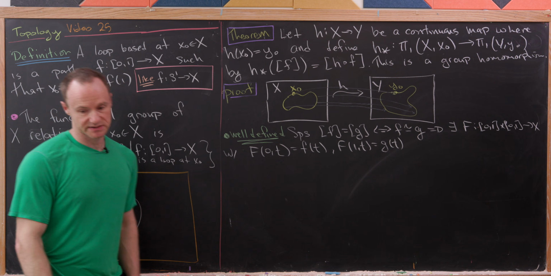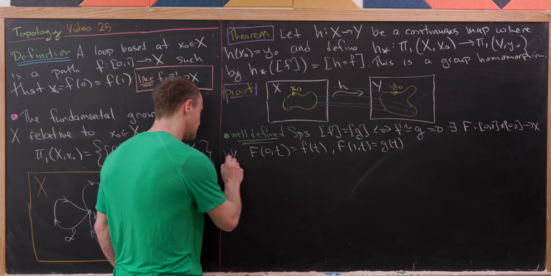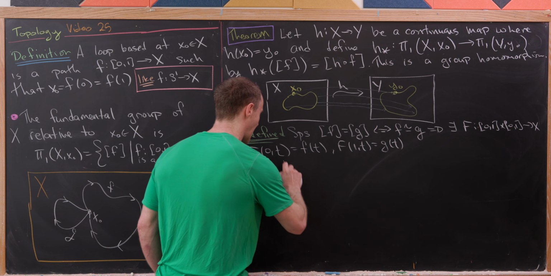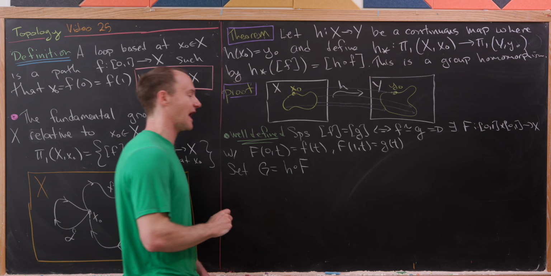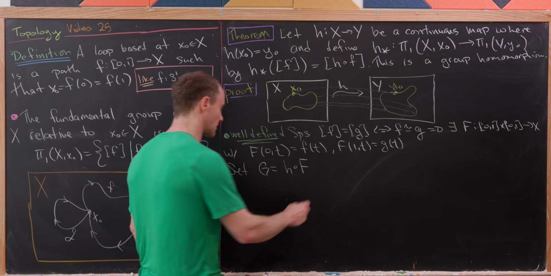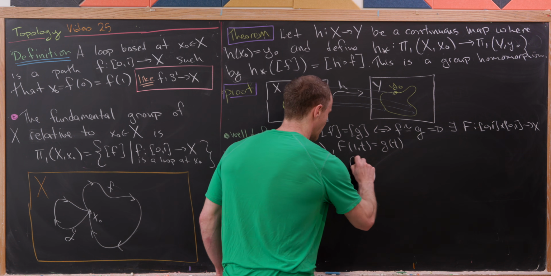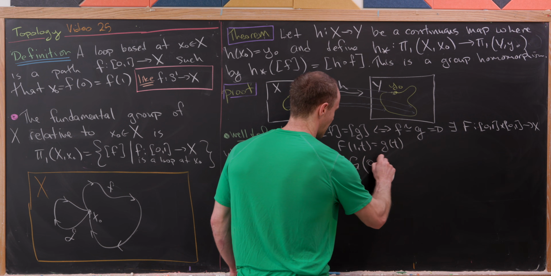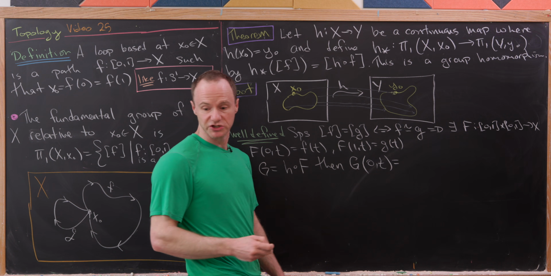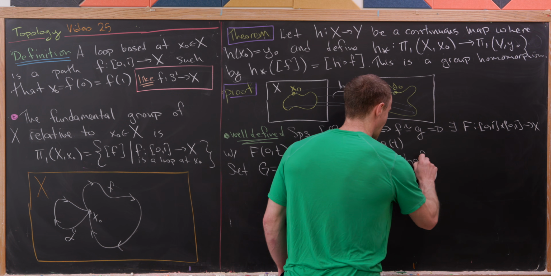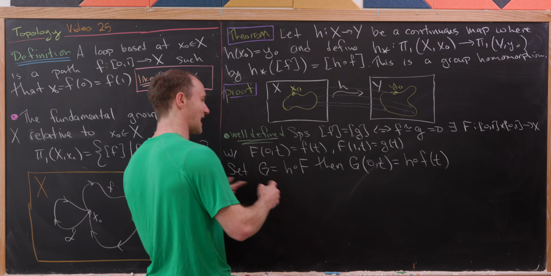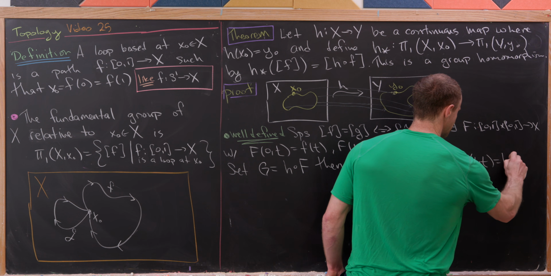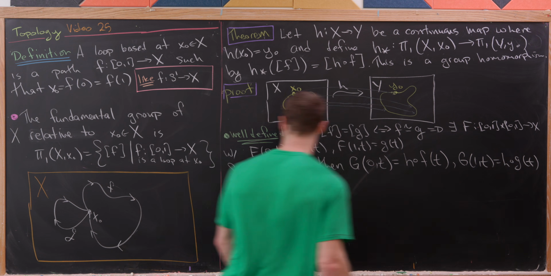Okay, nice. But now what we'll do is set capital G equal to our little h composed with capital F. And let's observe that this does what we want it to. So G of 0,t is equal to h of F of t, just by definition. And then G of 1,t is equal to h of G of t by definition.